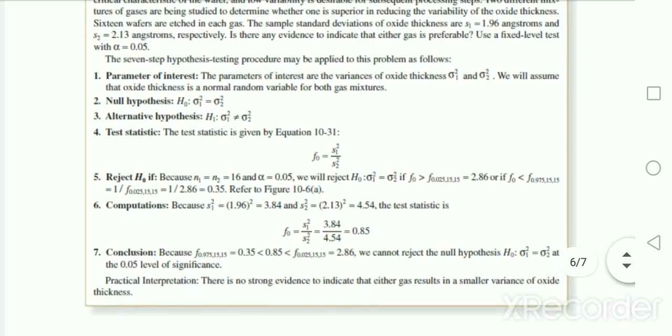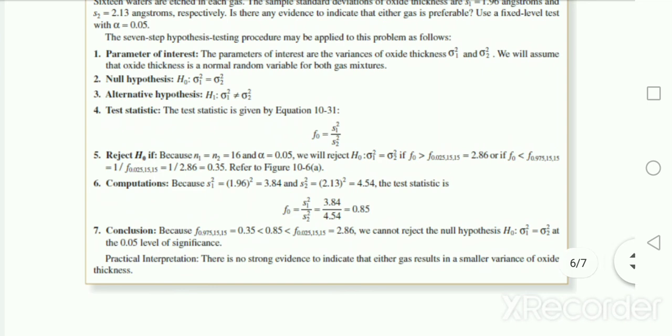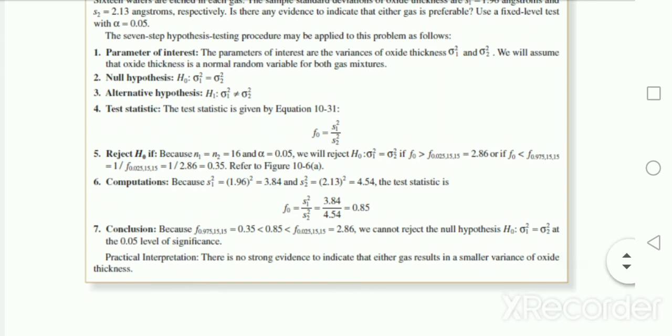The test statistic is simple: F naught is S1 square divided by S2 square.